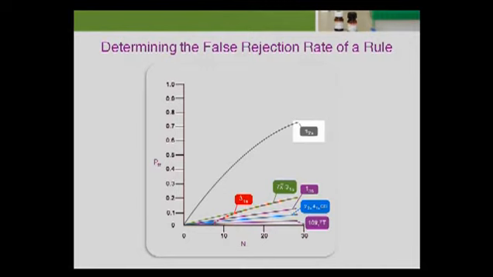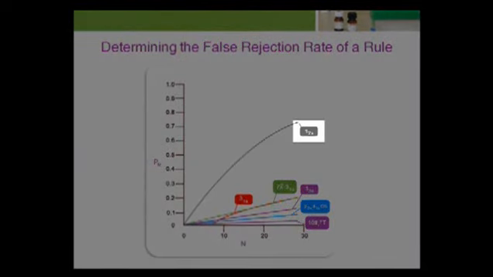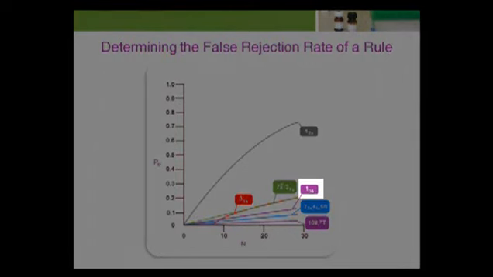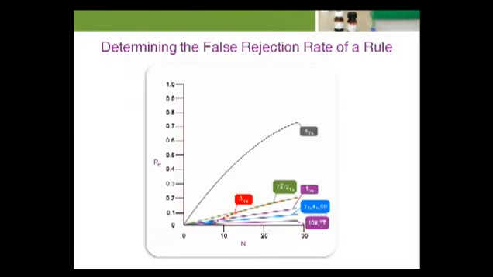Note that the 1-2S rule is above the other rules, and the 1-3S rule is near the bottom. A single 1-2S rule evaluation has a false rejection probability of about 4.9%, or approximately 1 in 20. A single 1-3S rule evaluation has a false rejection probability of about 1%.